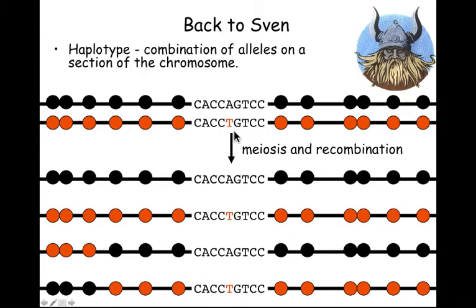During meiosis, whenever Sven is producing sperm and getting ready to pass his genes on to the next generation, there's a chance for recombination to happen, so we can have these recombinant alleles, and then these get passed on to the next generation.